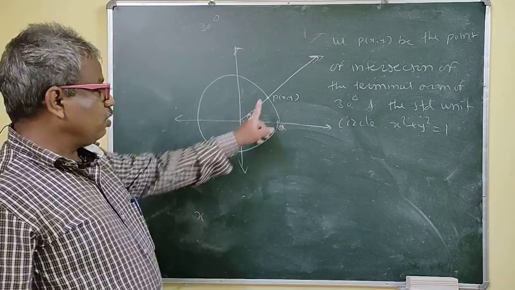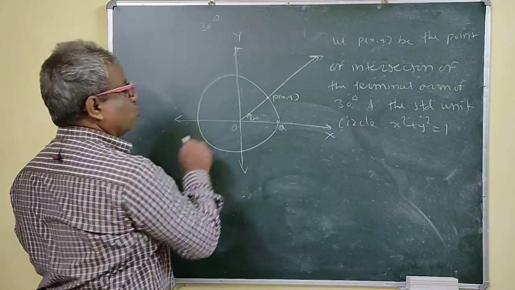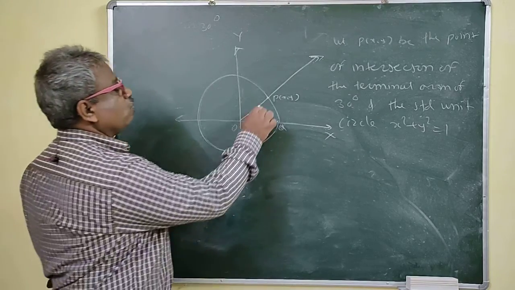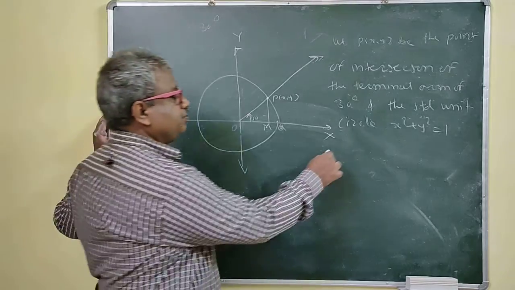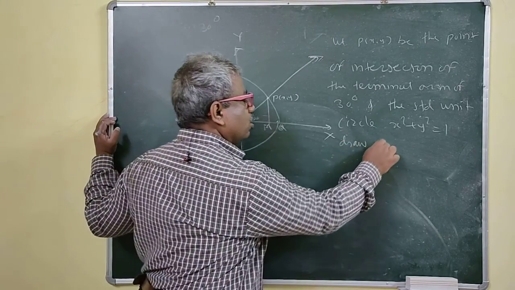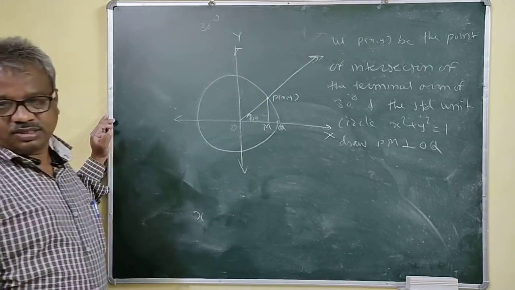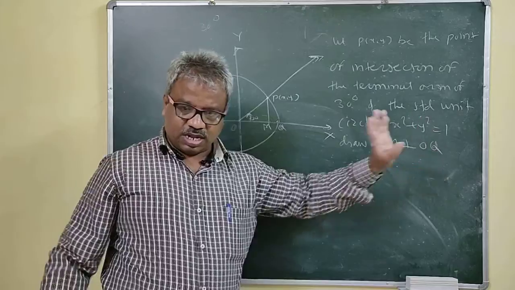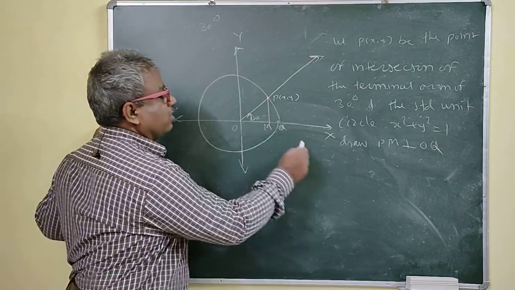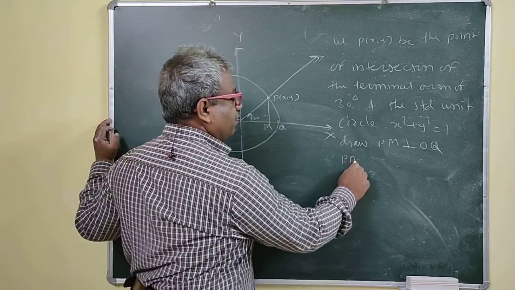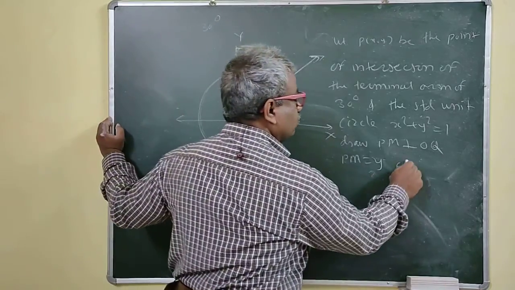Now this is your P(x, y). Suppose this is the x-axis, y-axis, and this is your origin. We will draw PM perpendicular to OQ. OQ will be your x-axis, or you may write OX. Now what is this PM? Therefore PM is equal to y. What is your OM?